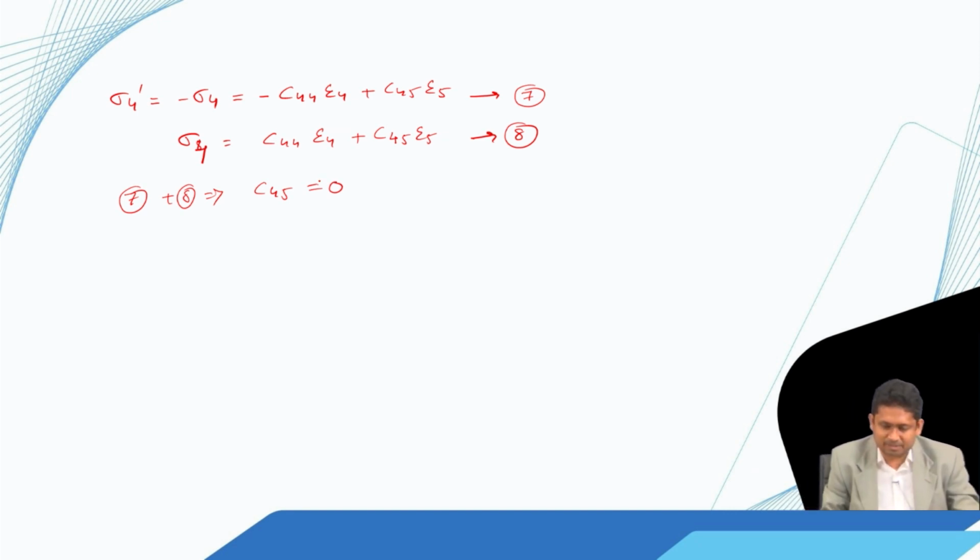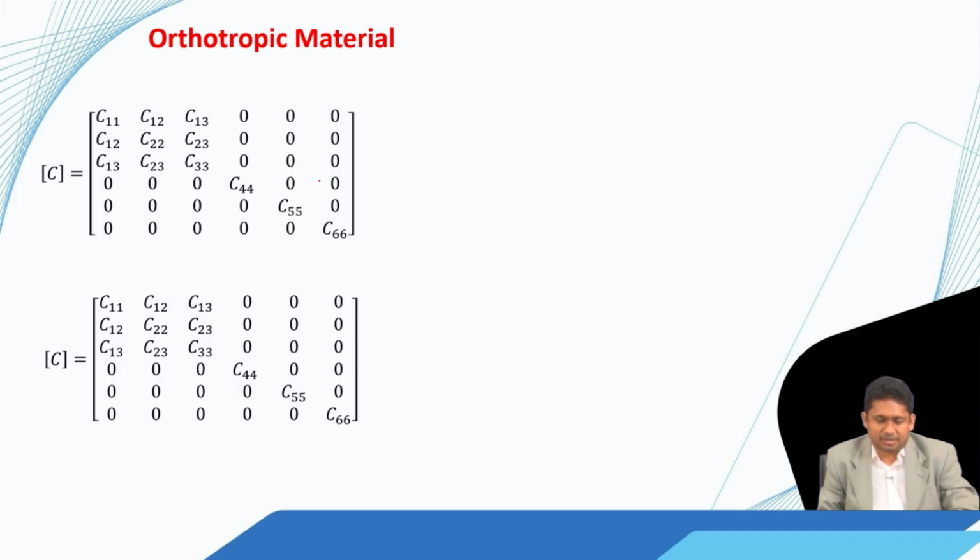So, with that, if we write the constitutive relation, it just looks like this. So, now we can see that there is extension coupling is present, but there is no extension shear coupling and there is no shear coupling.